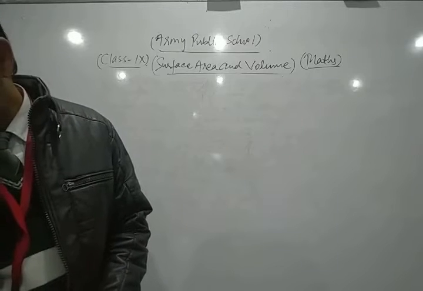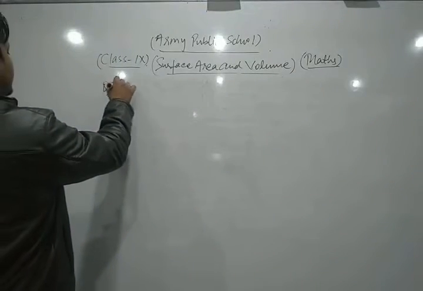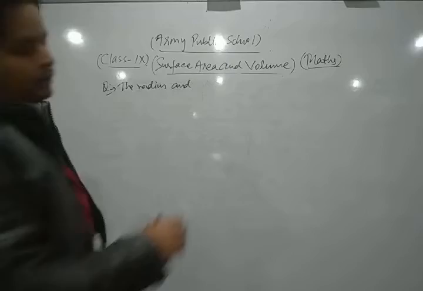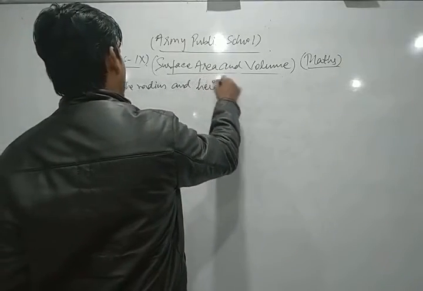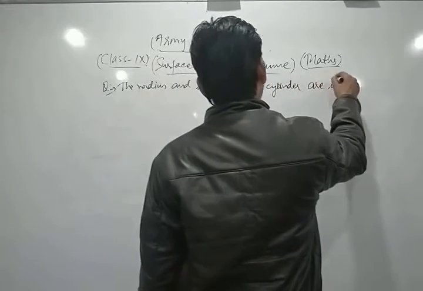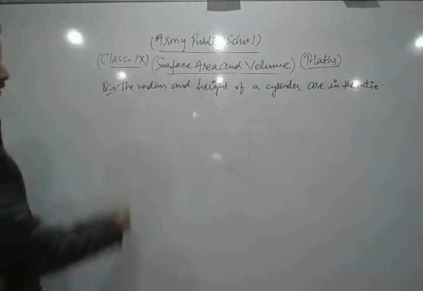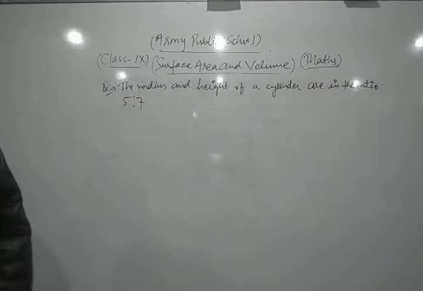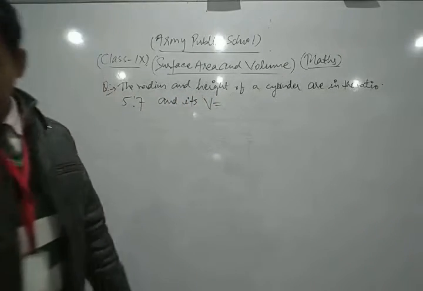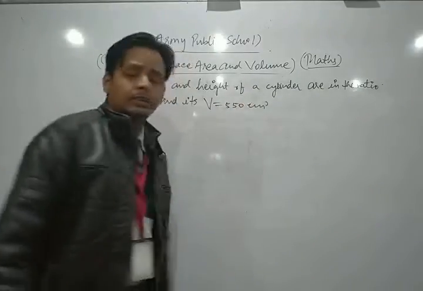Now, the radius and height of a cylinder are in the ratio 5:7, and its volume is 550 centimeter cube.